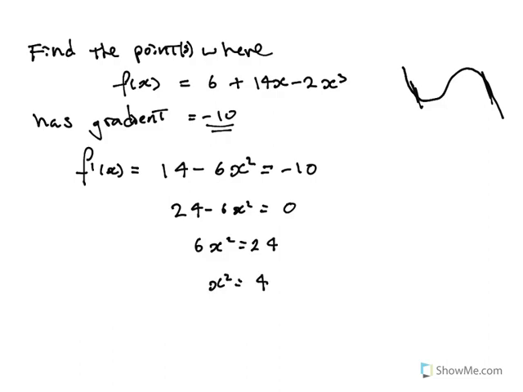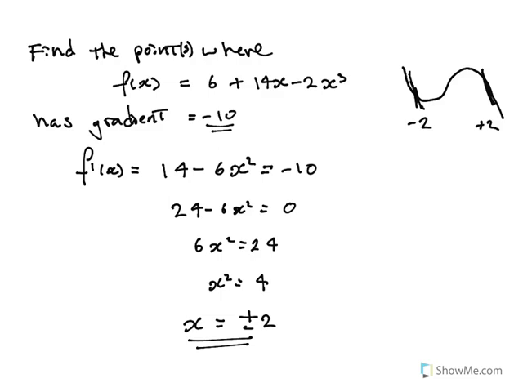I said there were 2 places the gradient can be negative 10, and that works because 4 has 2 square roots, either positive 2 or minus 2. So I'll get that happening at negative 2 and at positive 2.